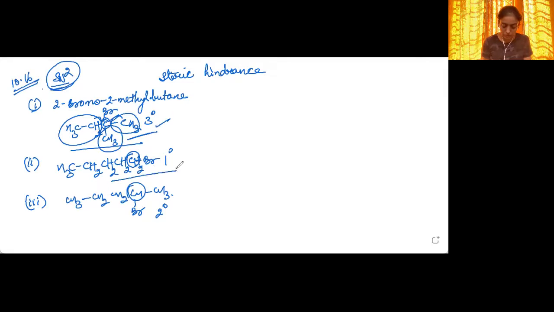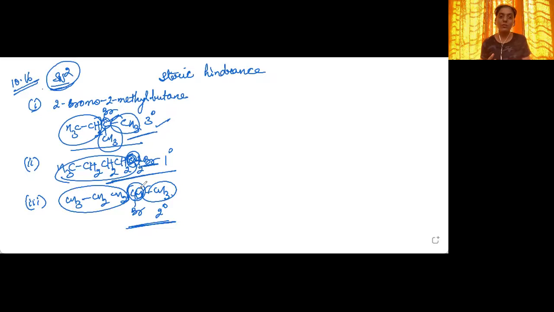Okay, now in case of primary, the carbon to which the attack is to take place is attached to 2 hydrogen atoms and 1 alkyl group. So only 1 alkyl group is there. Steric hindrance is lesser because the other 2 groups are hydrogen atoms, which are very small groups. Now in case of secondary, there are 2 alkyl groups across the carbon where attack is to take place, and the third one is the hydrogen atom.